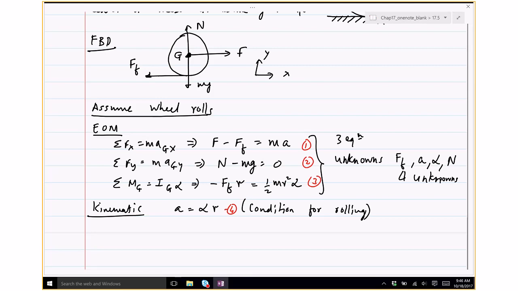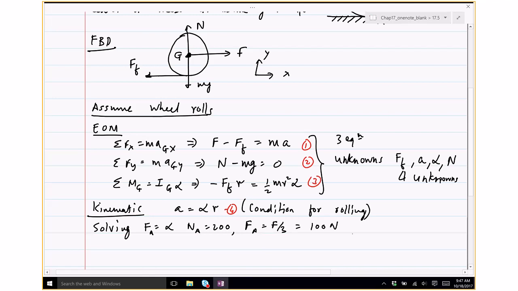So solving gives me a equals alpha R. I also got N equals 200, and I also got Ff equals F divided by 3, which is equal to 100 newtons.